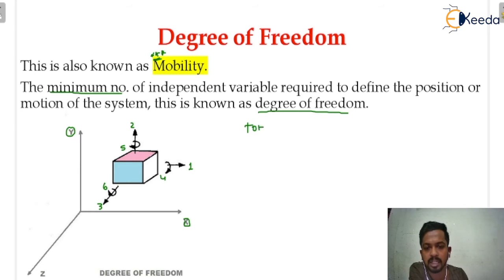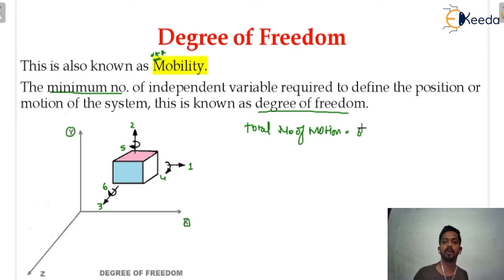So in the three-dimensional space, total number of motion is equal to 6. Are you getting my point? So the maximum number of motions that is possible is equal to 6, because the three-dimensional space having total number of motion is 6, that means the maximum number of motion that is possible for the system is 6.